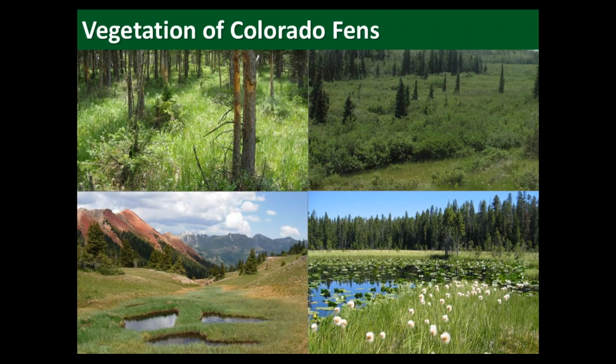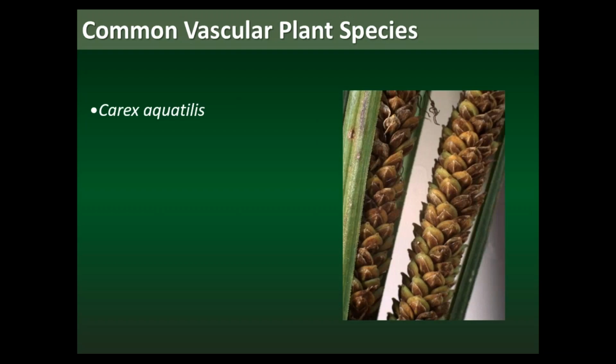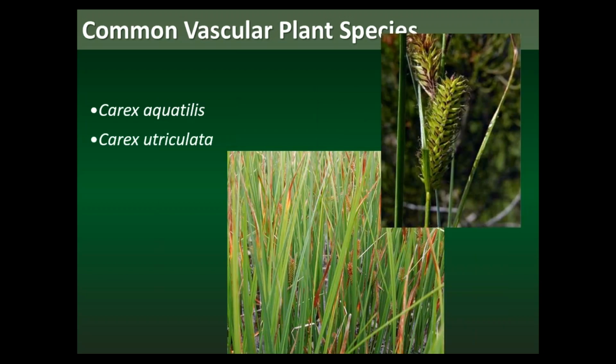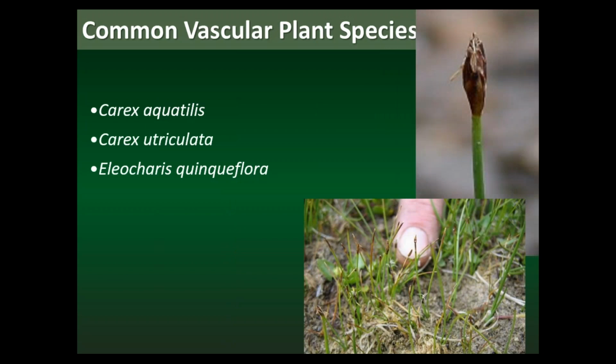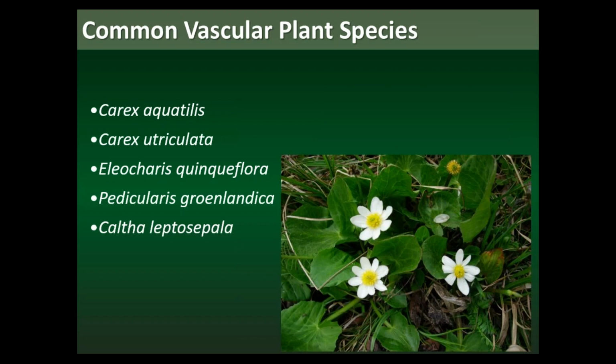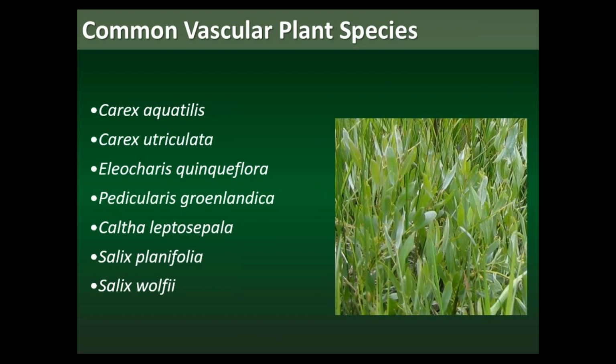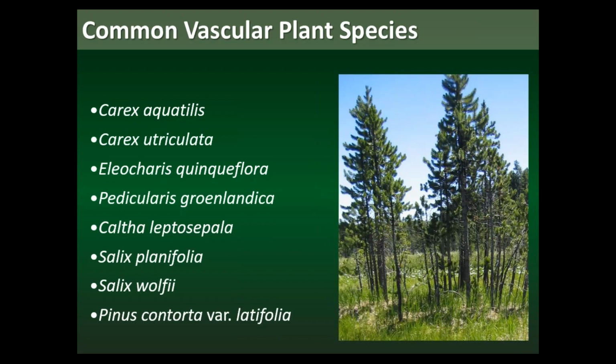The vegetation of Colorado's fens is quite diverse. There is a suite of common vascular plant species that occur in many of our fens, including Carex aquatilis, or water sedge, Carex utriculata, or beak sedge, Eleocharis quinqueflora, or few-flowered spike rush, one of my favorites, Pedicularis groenlandica, elephant head, Caltha leptosepala, or marsh marigold, Salix planifolia, plainleaf willow, and Salix wolfii, or Wolf's willow.